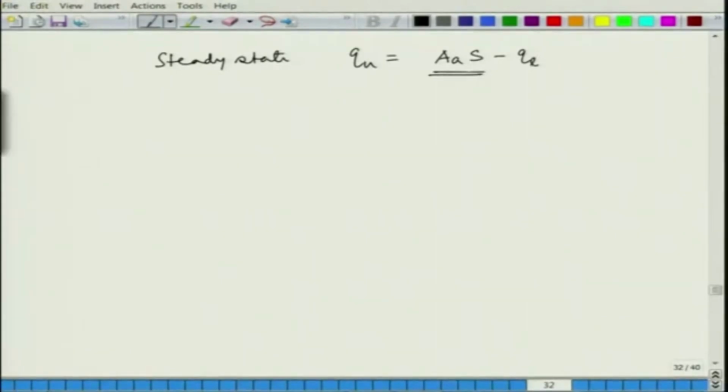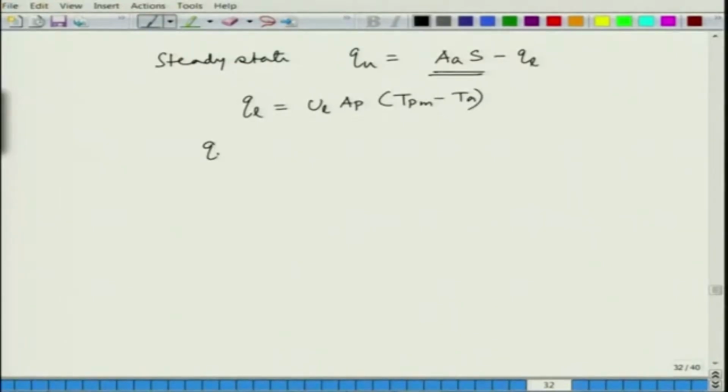So, here the absorption that is happening or the amount of radiation that is coming in is multiplied by AA or the aperture area. So, here the QL is your UL into AP, because now the loss is happening from the absorber area, TPM minus TA, right.